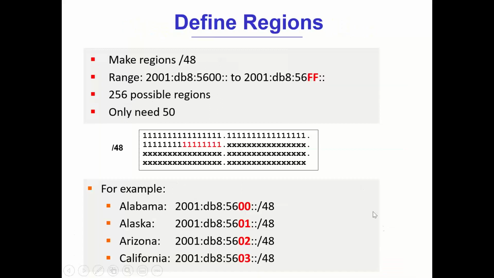So what do I do first? Well, all righty, I heard that I'm supposed to make each region a /48. So I have this 2001:DB8:56, and I can go from 00 to FF. That gives me 256 possible regions. Well, great. I only need 50, but I've got some room to grow.